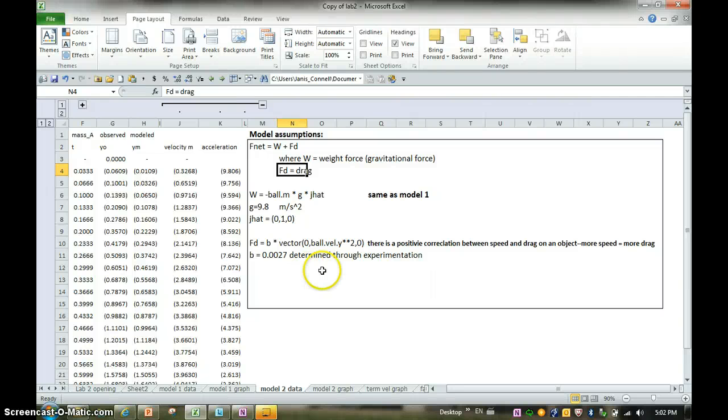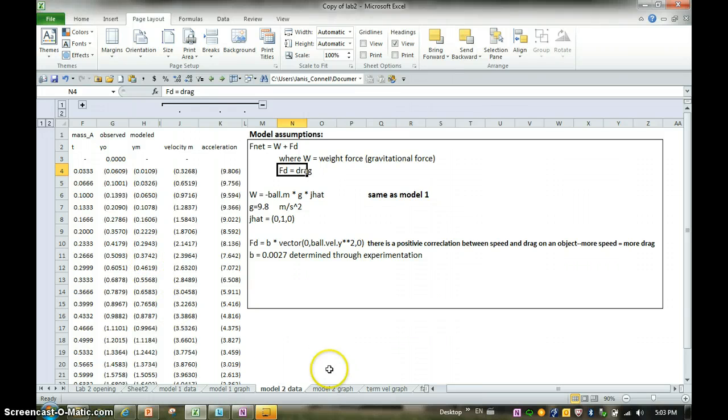And I did this because there is a positive correlation between speed and drag on an object. So the faster the object is going, the more drag it's going to have. B represents a drag coefficient. In this case, it equals 0.0027, and I determined that through experimentation.